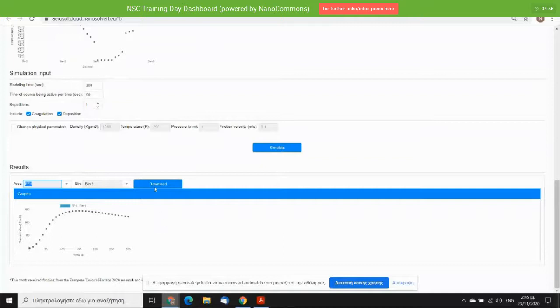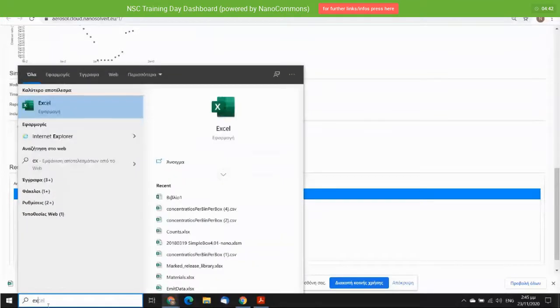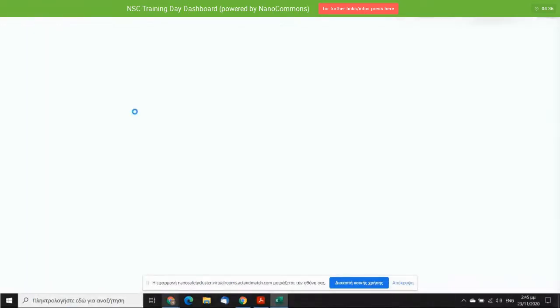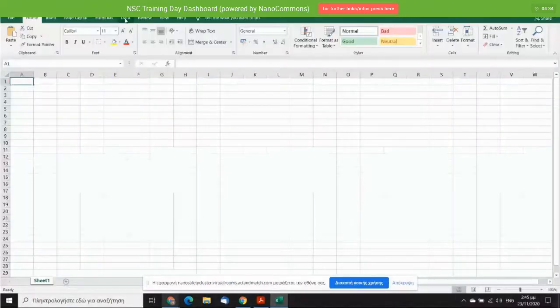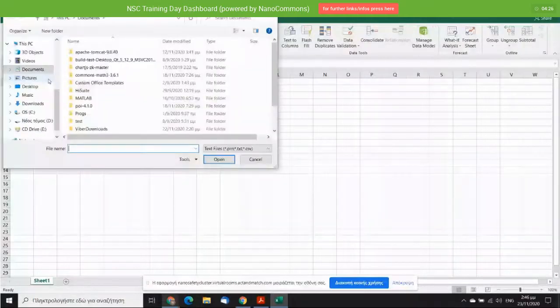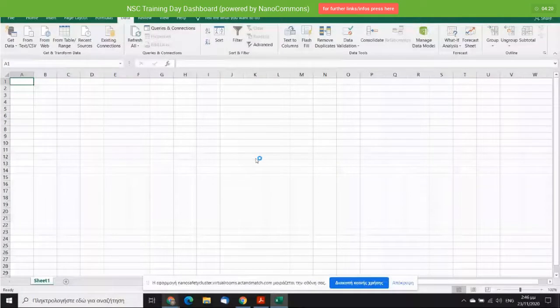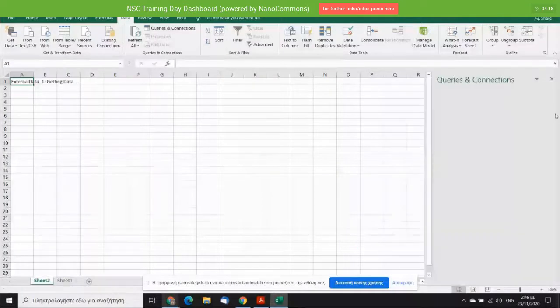Of course, if I want, I can download our example in a CSV format in order to further manipulate it. Give me a moment to open my Excel, and I will give you an idea how this file is structured.